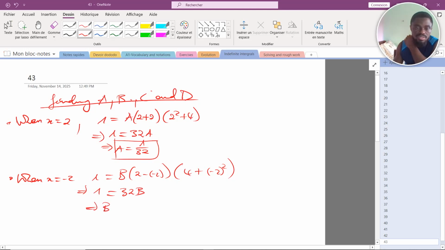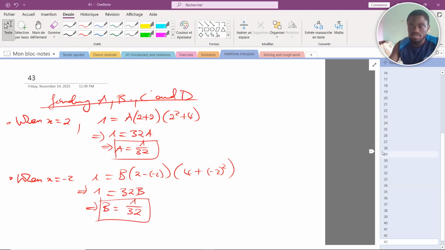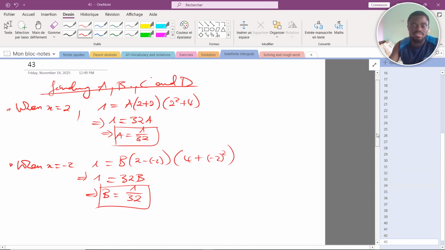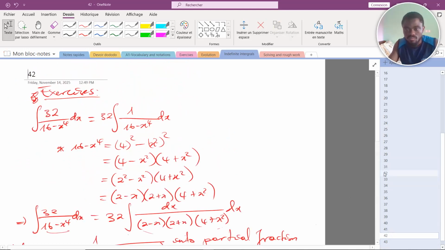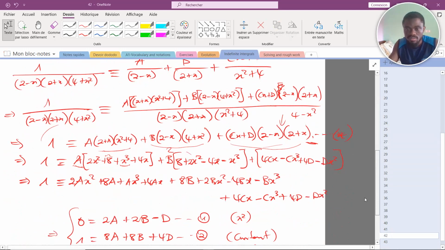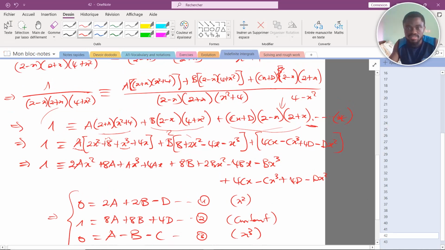This implies b will be equal to 1 on 32. Okay, we have already our a and b. Now we have to find what? c and d. To find our c and d, we cannot use this star.